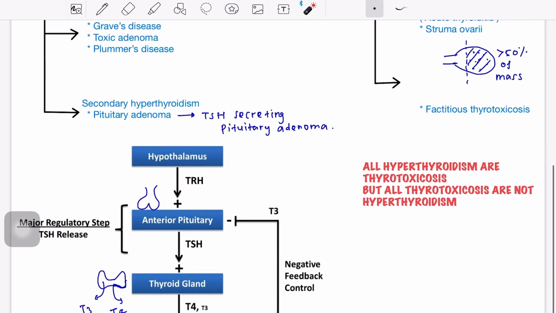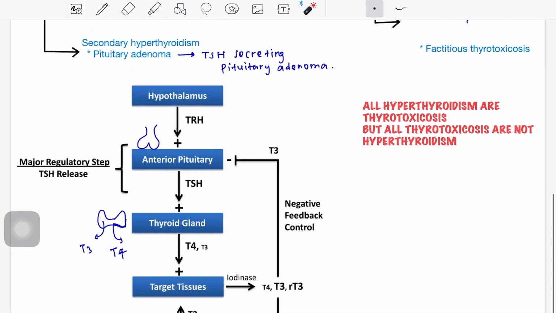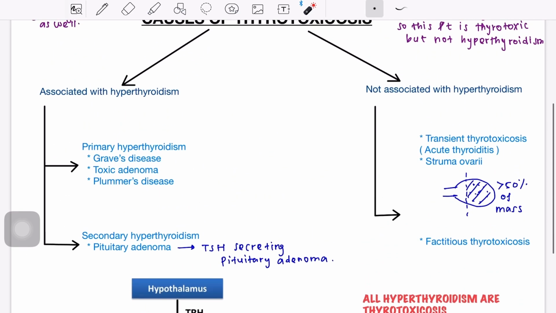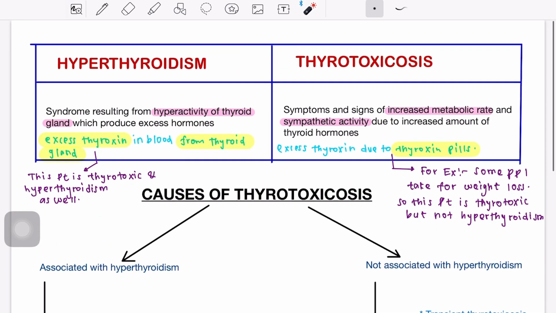And here you have to know this: all hyperthyroidism is thyrotoxicosis, but not all thyrotoxicosis is hyperthyroidism. This one you should remember, and it will be very helpful. I think you now understand the difference between hyperthyroidism and thyrotoxicosis.